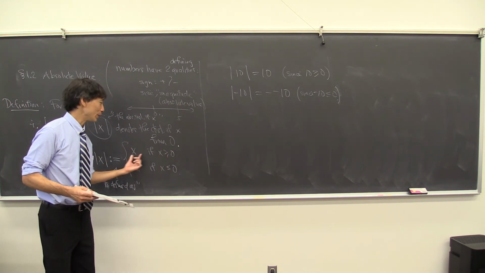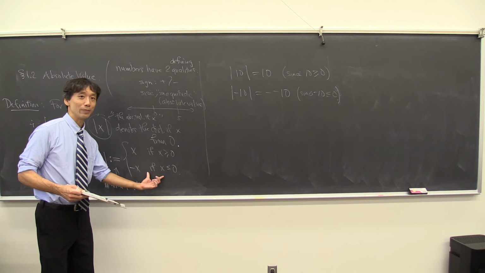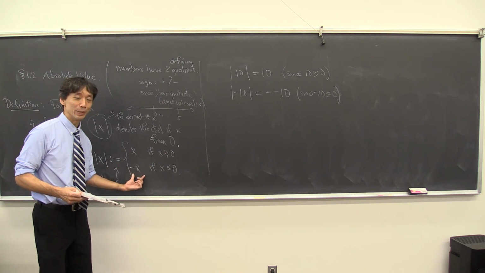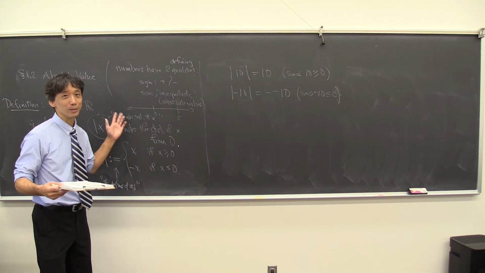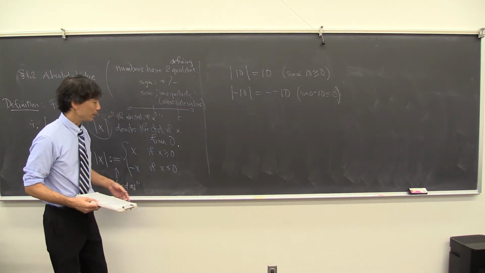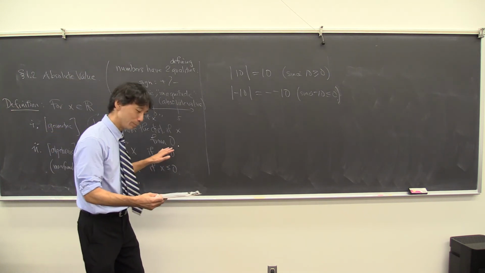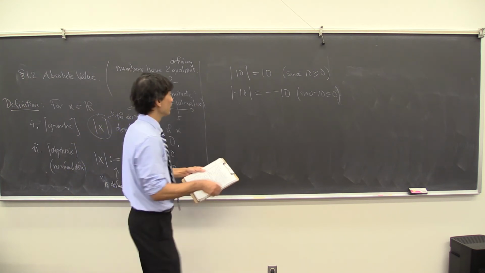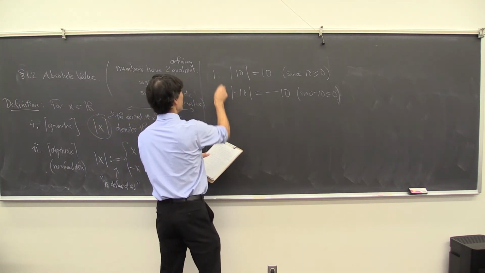If x is 0, you could take either definition. It's okay because in one case you'll get 0, in the other you get negative 0, but negative 0 is 0. So it doesn't matter. You're right to complain a little bit about that. Okay, so that's the first example.